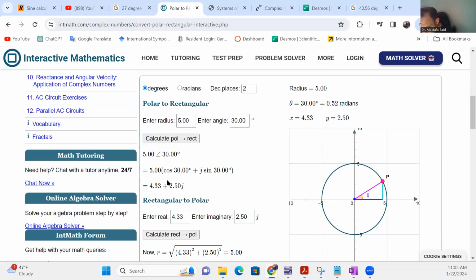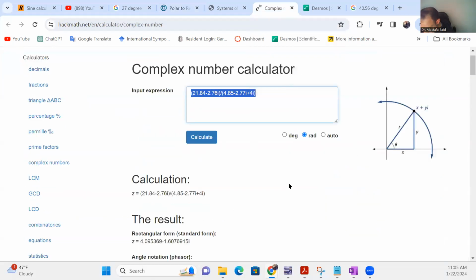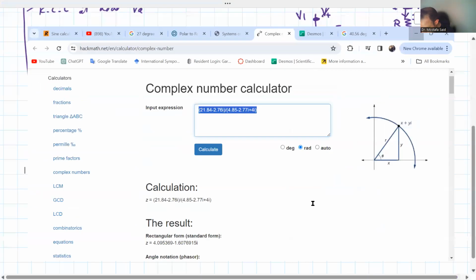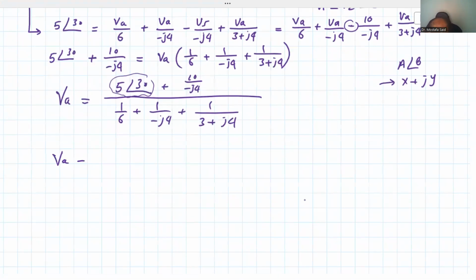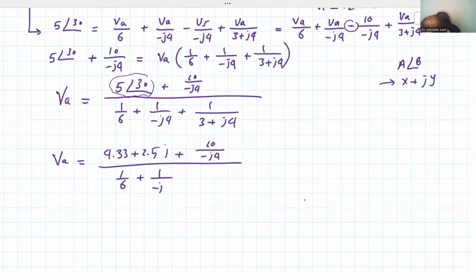So 5 angle 30 is basically 4.33 plus 2.5 J. So we go here to our example. So I'm gonna write this down. So VA equal to 4.33 plus 2.5 J plus 10 divided by minus G4, same numerator, 1 over 6, 1 over minus G4 plus 1 over 3 plus G4.